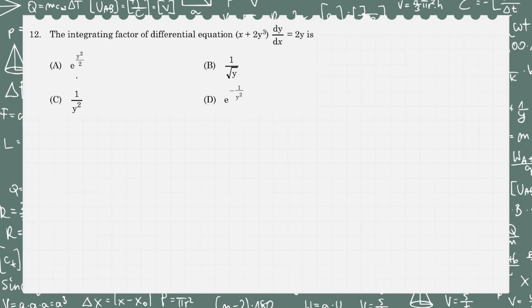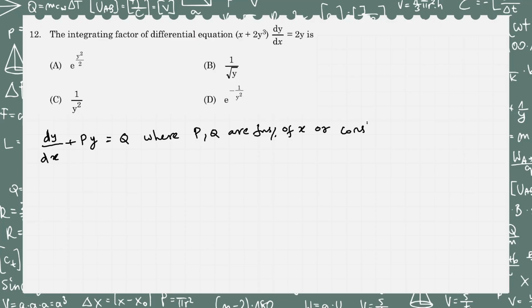The integrating factor of the differential equation x plus 2y cube times dy by dx equals 2y is. So we need to know what type of linear differential equation this is, because we have two types of linear differential equations. The first type is dy by dx plus py equals q, where p and q are functions of x or constants.